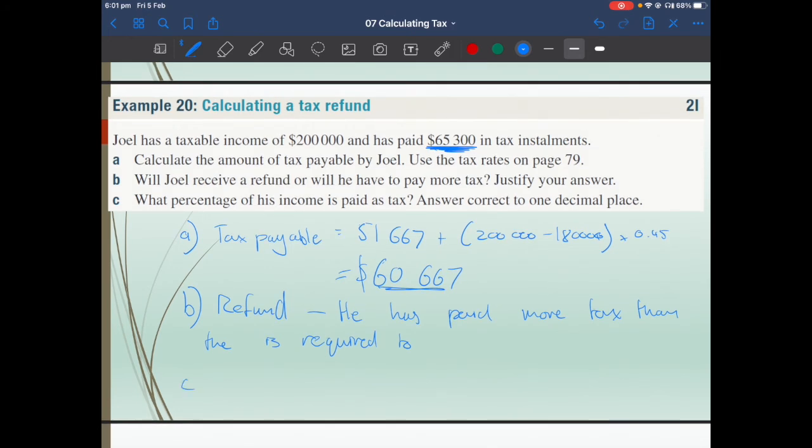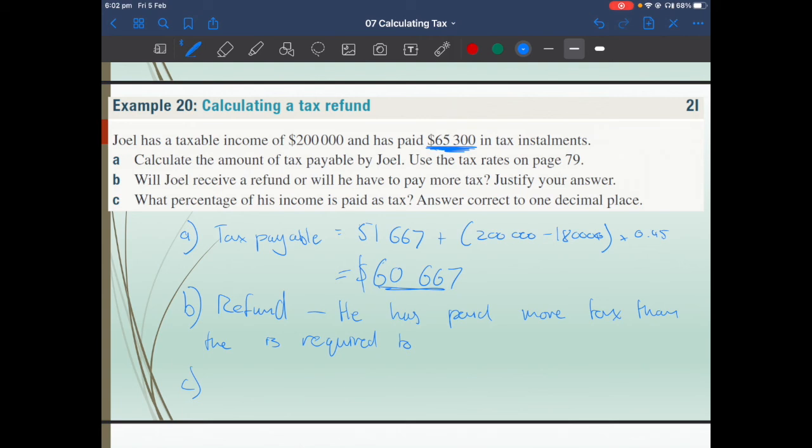What percentage of his income is paid as tax? This is an interesting one that you may sometimes get asked, and it's fairly simple to calculate. Think about when you're trying to calculate the percentage you got on your test. You divide the mark you actually got by the total marks, and then you times it by 100.